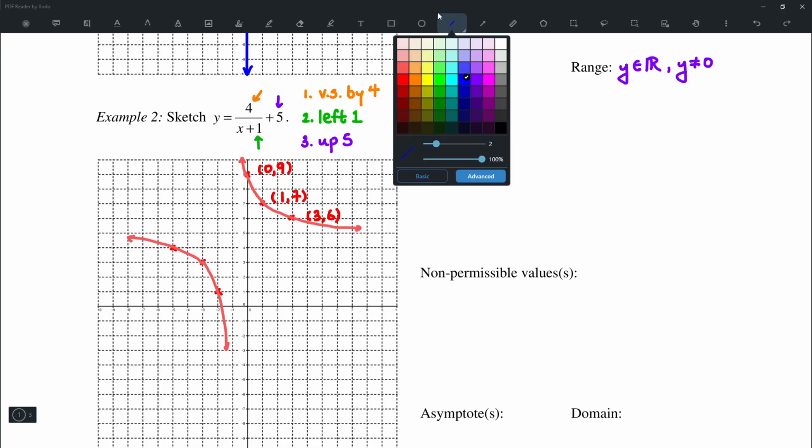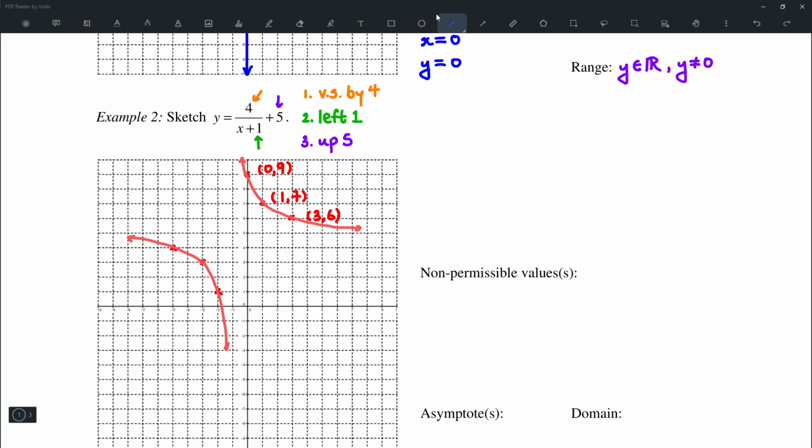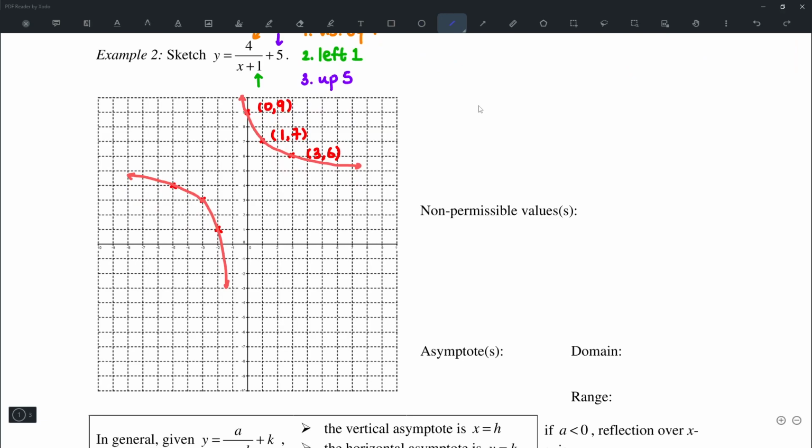That is to say, the first asymptote, x equals 0, will be translated 1 space to the left and become x equal to negative 1. Likewise, the horizontal asymptote of y equals 0 will move up 5 spaces and become y equals 5.